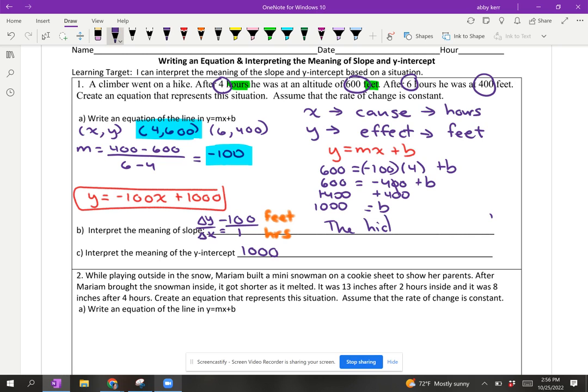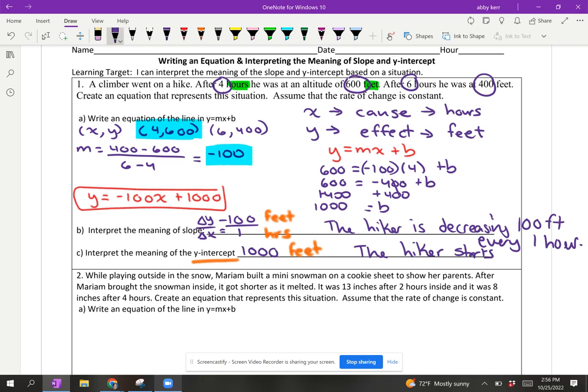So the hiker is decreasing because it's negative 100 feet every hour. And then the y value, once again, we're talking about feet. The y-intercept is the starting point. So the hiker starts at how many feet? It's 1,000 feet, because that's our b value.